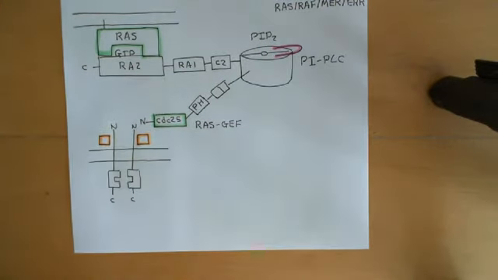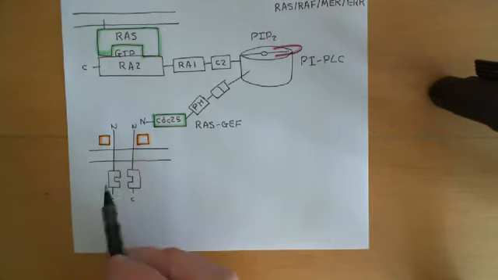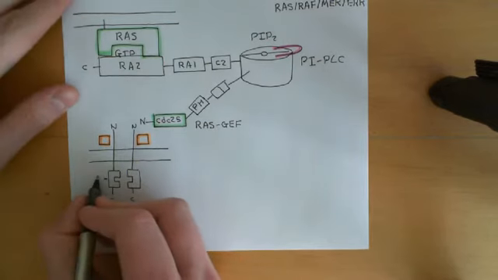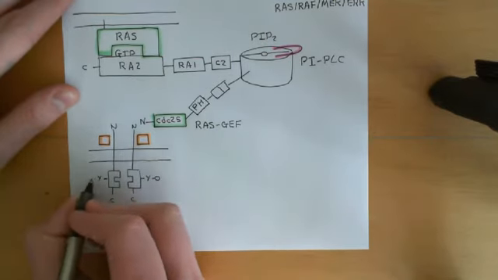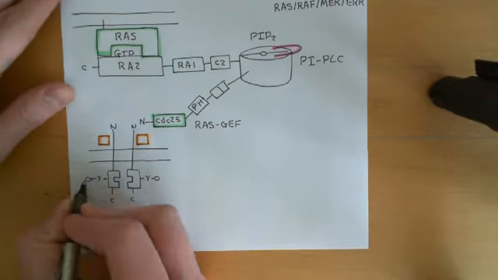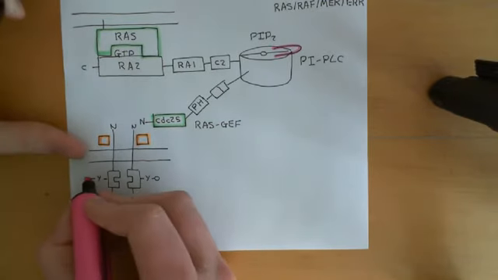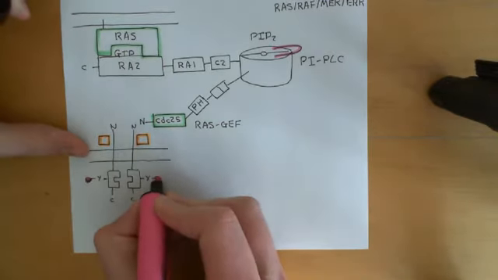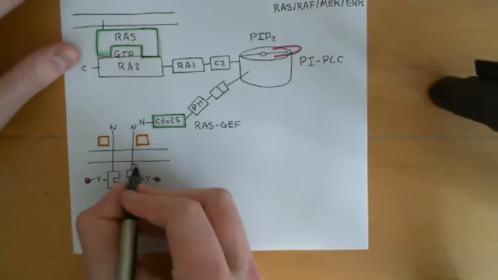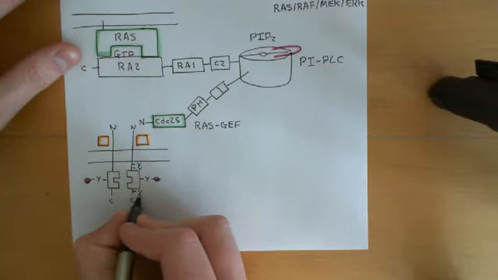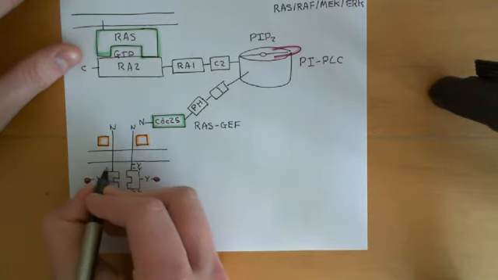Okay, and we know that when you dimerize these two receptor tyrosine kinases together, one of the key things they first do is phosphorylate each other on these crucial tyrosine residues of the tyrosine kinase domains, and this activates those tyrosine kinase domains so that they have much higher activity than they had previously. Following that, they're going to phosphorylate a whole bunch of tyrosines on each other's intracellular aspects.